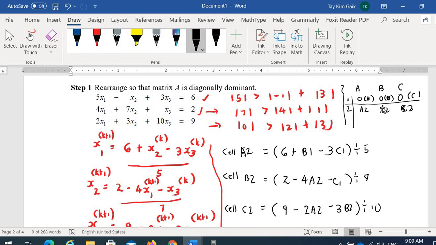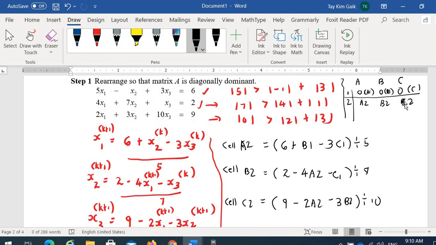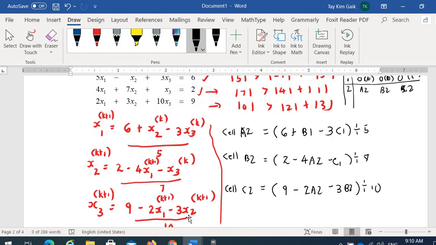To calculate cell B2, it depends on the new x1 and still the old x3, so C1: 2 minus 4 A2 minus C1, divided by 7. To calculate cell C2, it depends on the new x1 and new x2: 9 minus 2 A2 minus 3 B2, divided by 10.